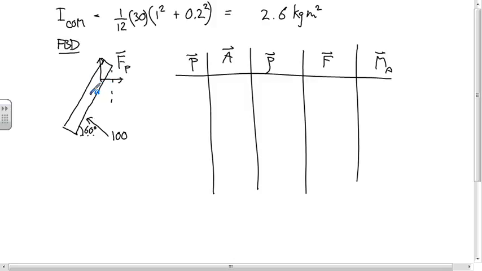So from the origin to here is 0.25 times cosine of 60, 0.25 times sine of 60. And so 0.125, 0.217, 0. The about point is the origin.